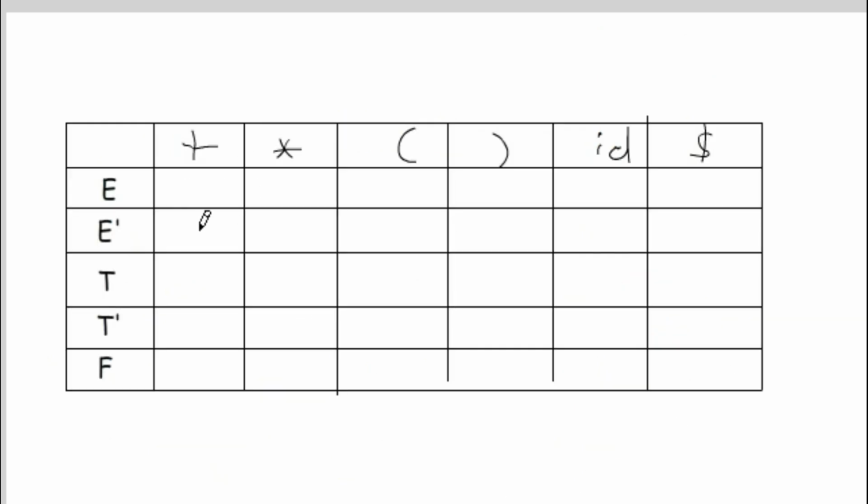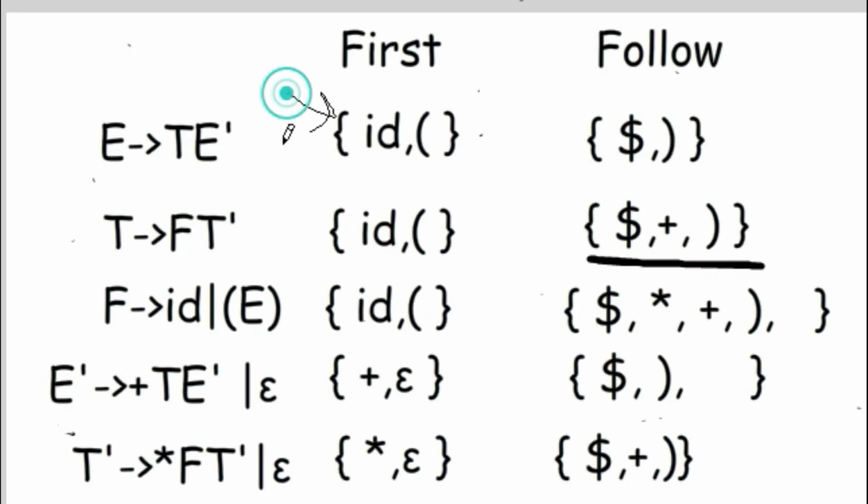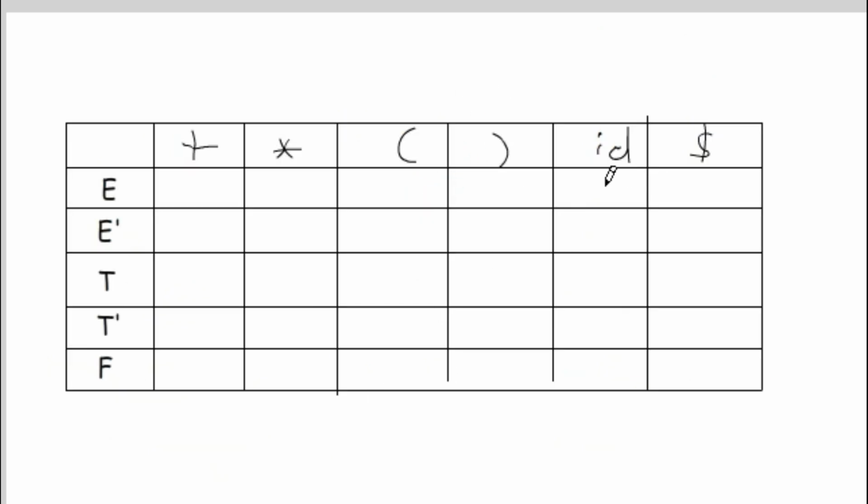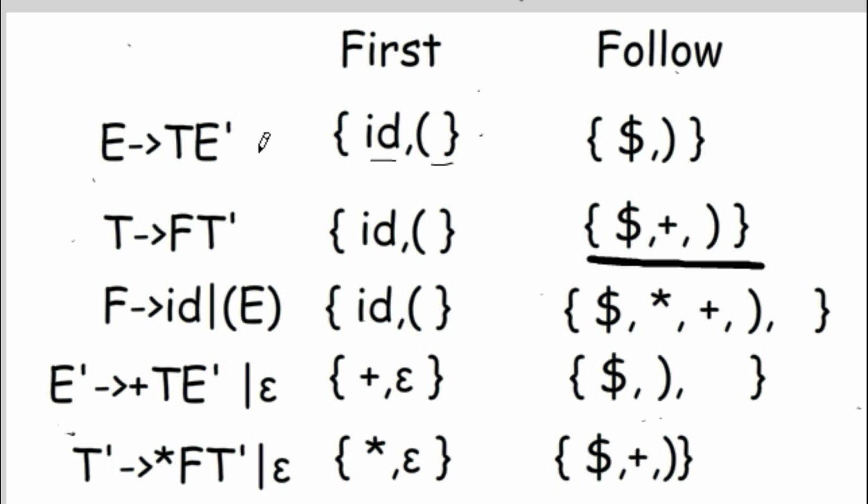Now how do we fill this table? In order to fill this table, we have to look at the first of each one of them. Look at the first of E. The first of E is ID and open bracket. So in this we have to first name this something.